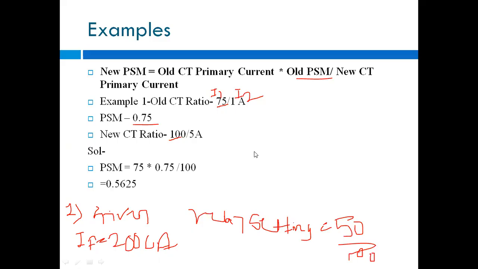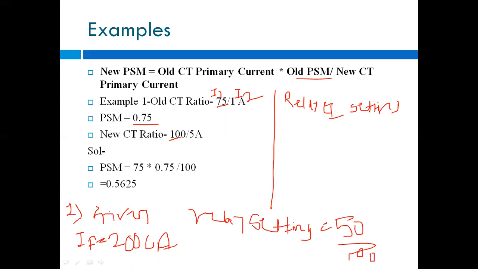Note that the relay current setting, I setting, is for the secondary side of the CT.